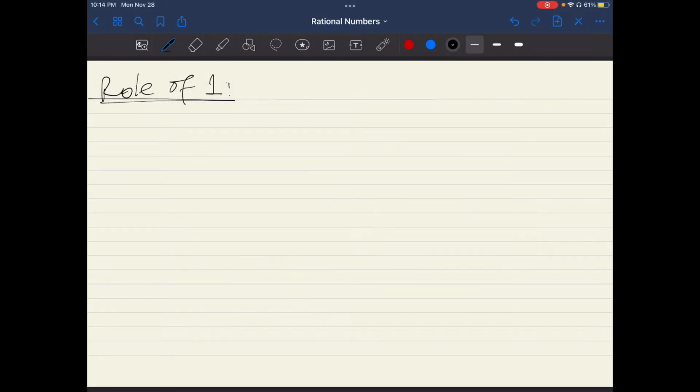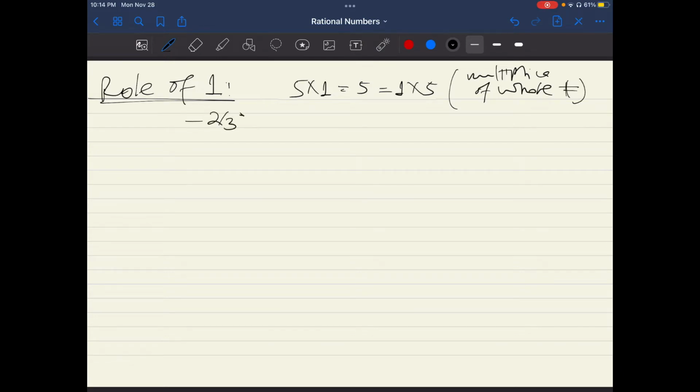Now let's look at the role of 1. Let's look at 5 times 1 equals 5, which also equals 1 times 5, which is multiplication of a whole number. Now let's look at minus 2 over 3 times 1 equals minus 2 over 3, which equals 1 times minus 2 over 3. Multiplication of a rational number.